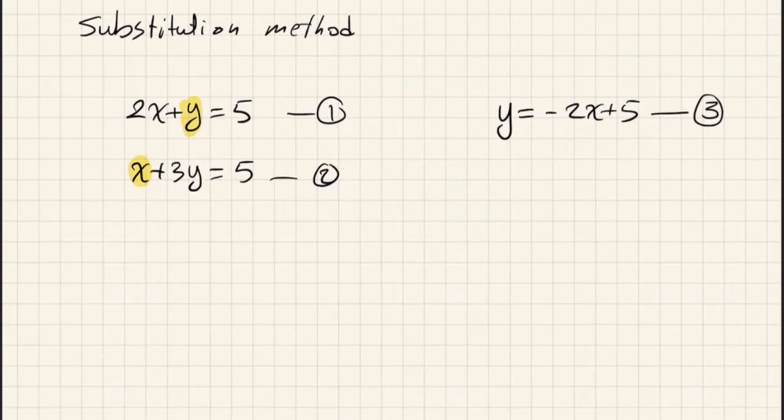Equation number 3. Now we are not talking about concept, now we are talking about method. These are the steps of solving a simultaneous equation algebraically. So y equals negative 2x plus 5. First of all, I have played with equation number 1, so forget number 1, it is of no use for me now. I will get number 3 and substitute it in number 2.